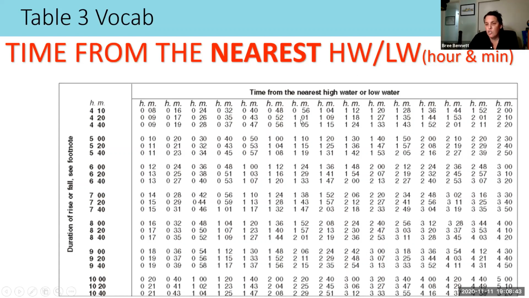Which one am I closest to? Am I closest to the high water or the low water? And with that, what is that time? That's in hours and minutes as well.